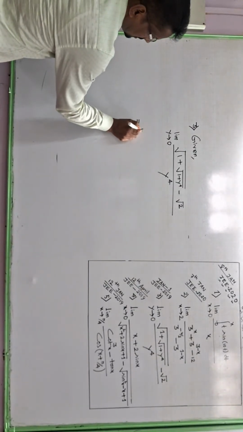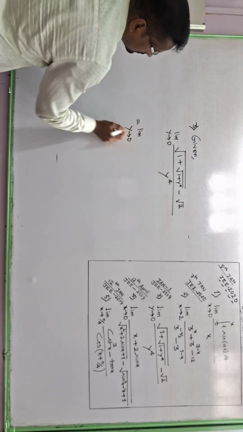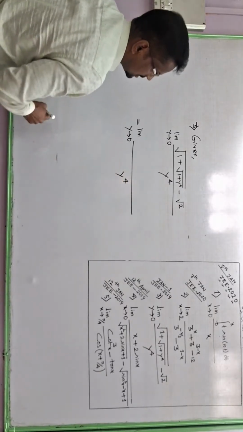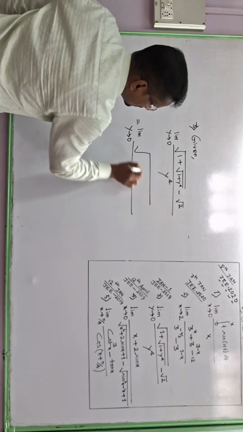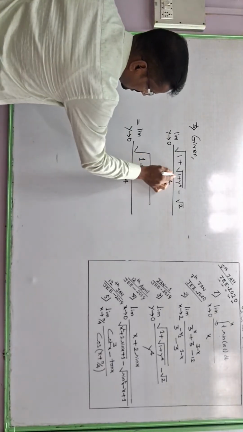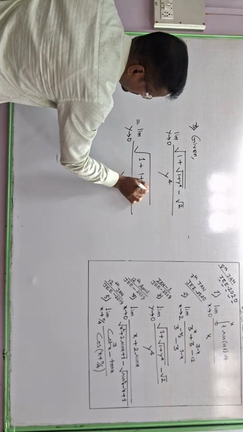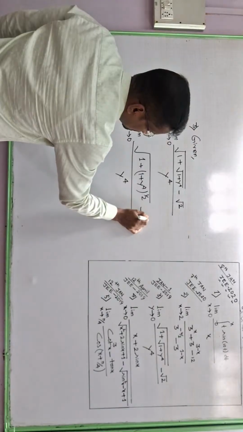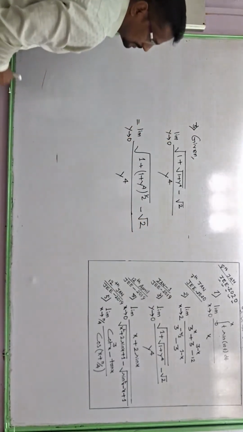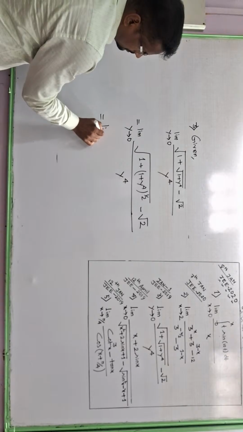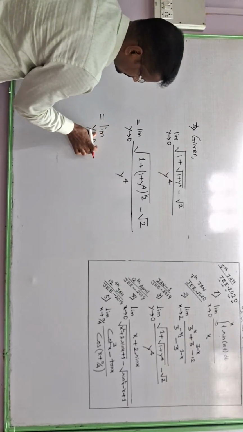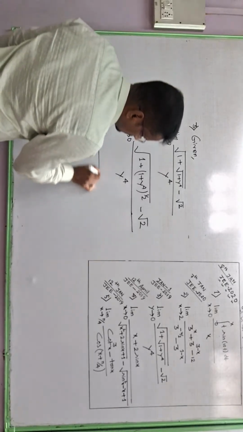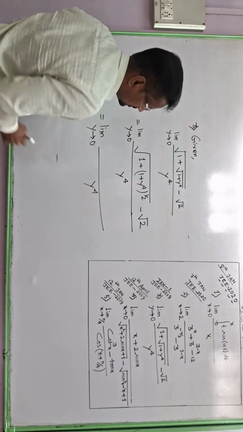Now this is equal to limit y tends to 0 of under root over 1 plus y to the power 4, which is 1 plus y to the power 4 whole to the power half in exponential form, minus root 2, divided by y to the power 4. In the numerator, directly write 1 plus nx, where n is half and x is y to the power 4.